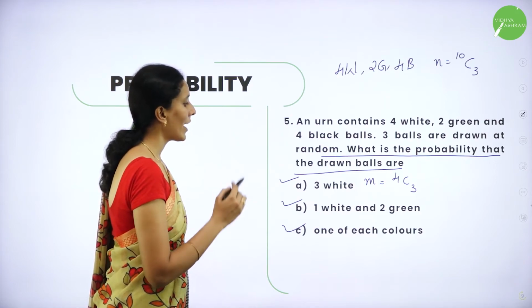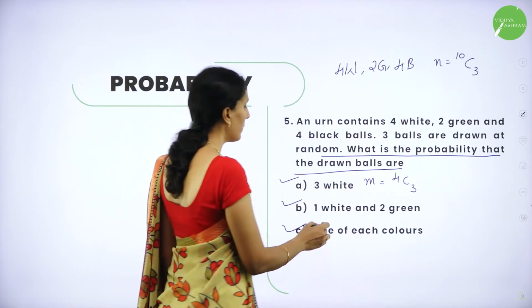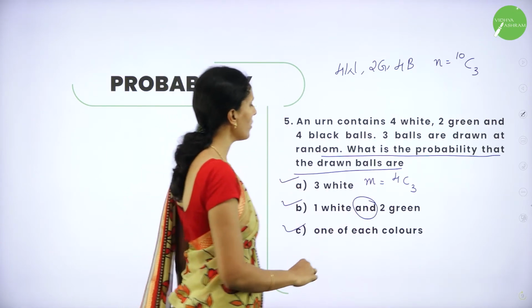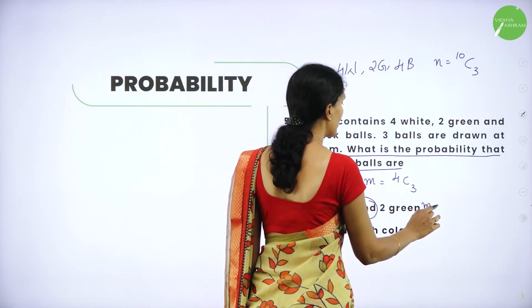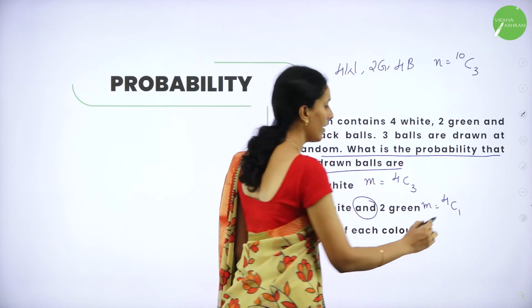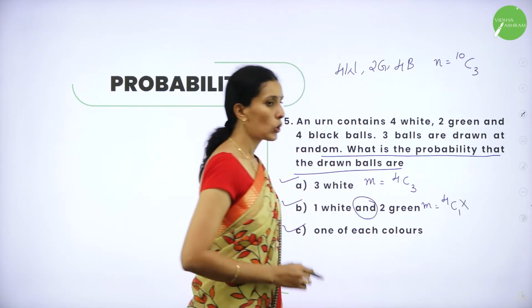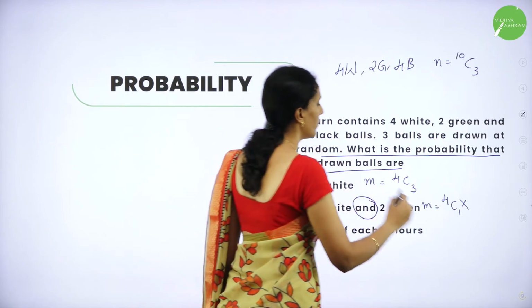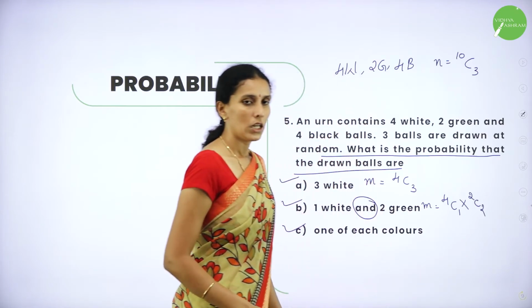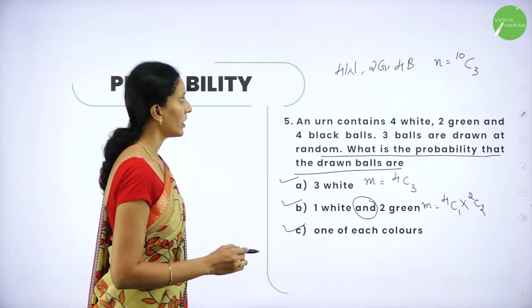If 1 is white and 2 are green, remember, "and" is important. So 1 white means 4C1. Since "and" is there, multiply. 2 greens. So we are left with 2 greens, that is 2C2. Next, 1 of each color.